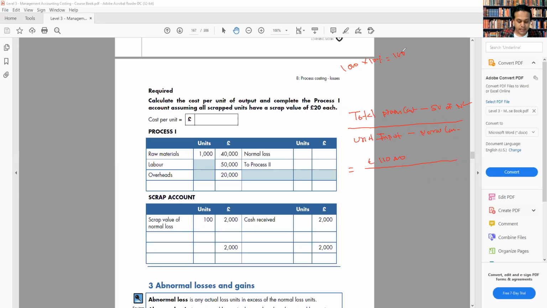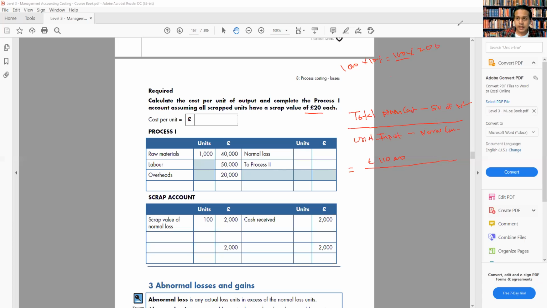And obviously, how much was the cost per unit? You have to calculate that as well. So we need to calculate few things here. The first is how much will be our value of the normal loss, and how much will be the value of the output, and how much will be the cost per unit. So this is the 100 unit, and if you remember, the question said it is 20 pound each. So 20 times 100.